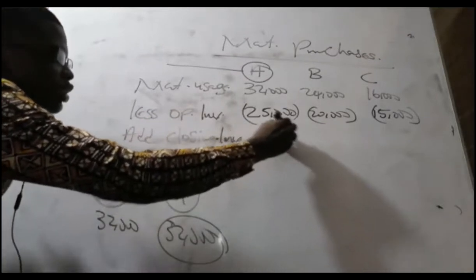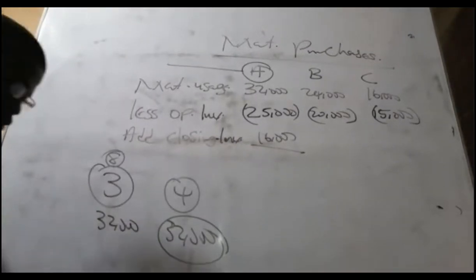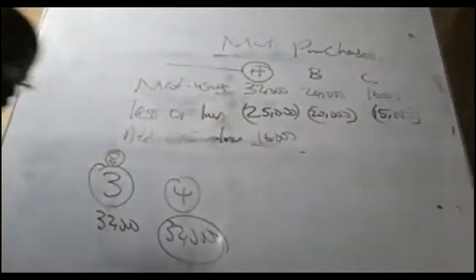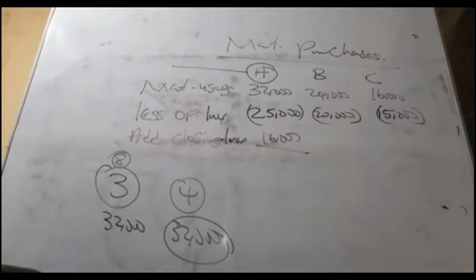So you add, then you move on. Good. Go to B, product B. Half of 24 will give us half of 24.